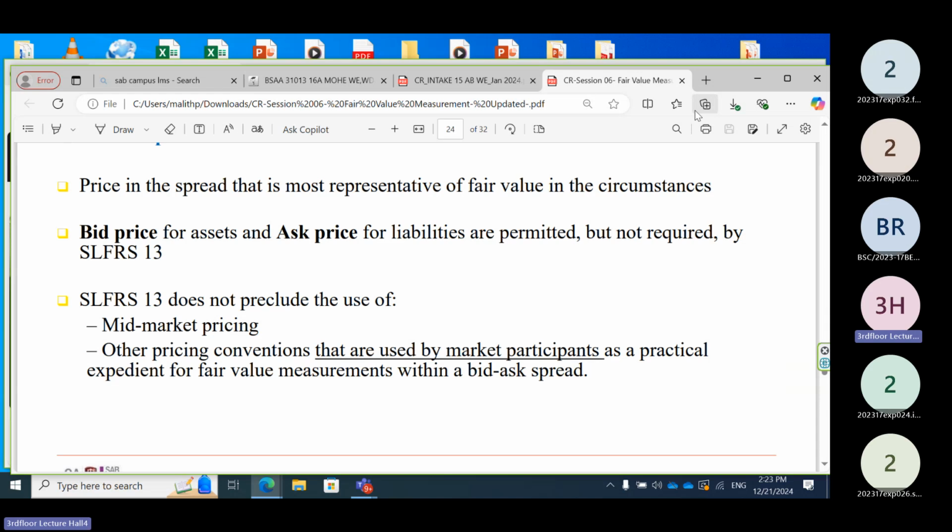Right. So then the other guideline: other pricing conventions that are used by market participants as a practical expedient for fair value measurement within a bid-ask spread. Some decisions may be taken to value between the bid and ask spread. Bid price may be 250, ask price may be 230, so the bid-ask spread is 20.